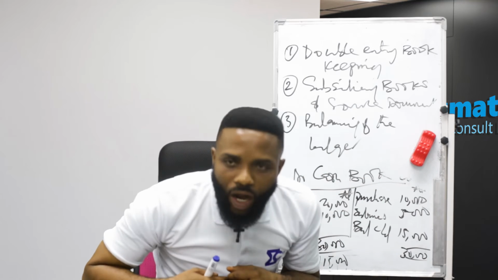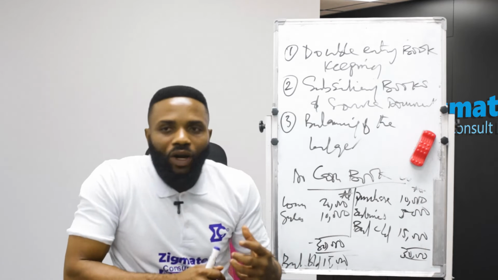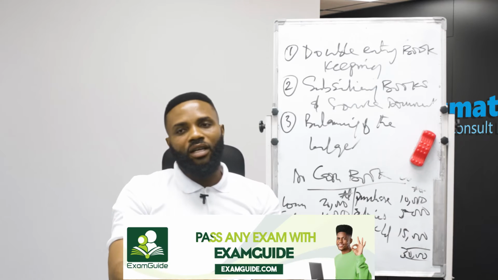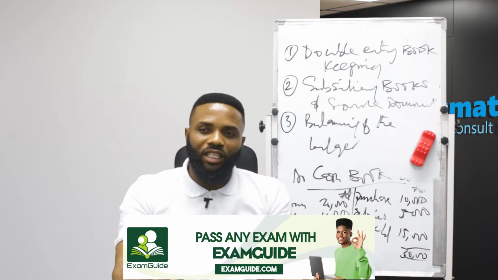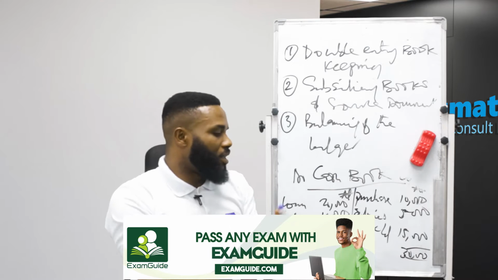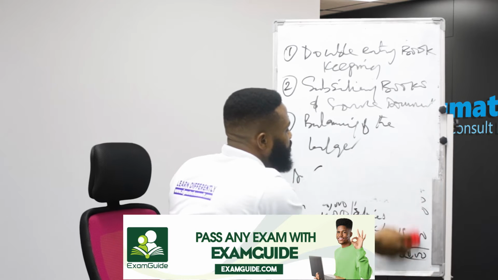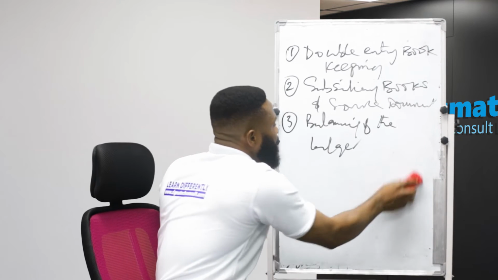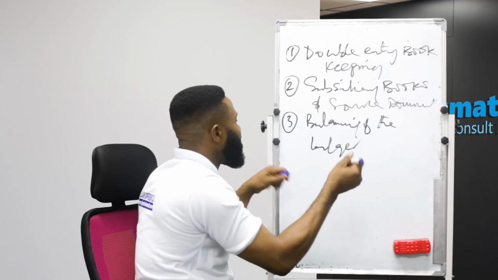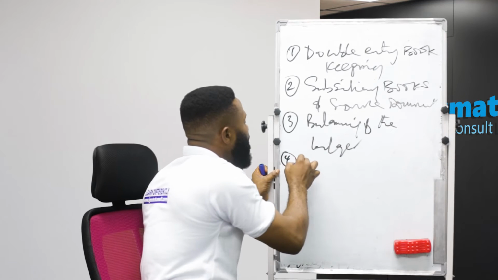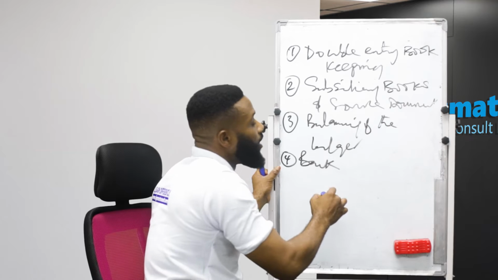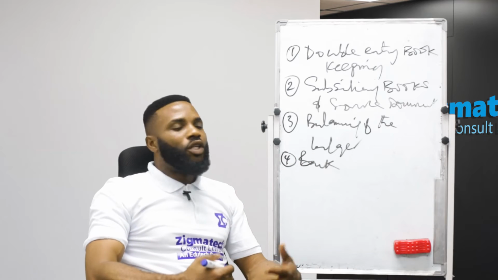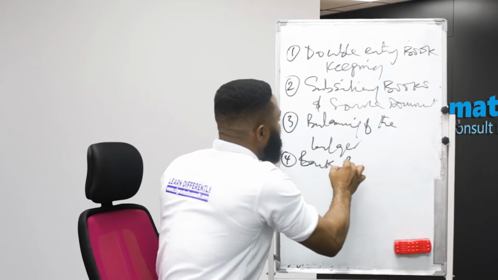And then the next one that students will also need to understand is what we call the bank reconciliation statement. A bank reconciliation statement is a statement that is prepared to reconcile the differences or the discrepancies between the cash book and the bank statement. If you can understand the technicalities involved in balancing the ledger, in reconciling the cash book and the bank statement, then you are good to go.